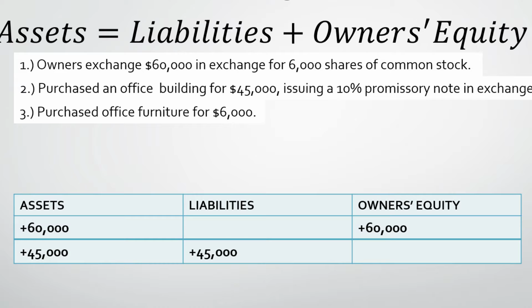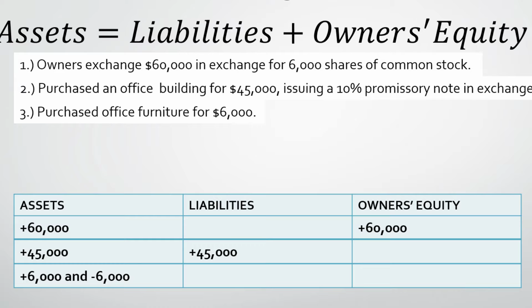Number three, we're going to buy office furniture for $6,000. Well, office furniture might go up, cash will go down. That furniture will probably be in the equipment account. Number four, paid worker wages of $2,000.